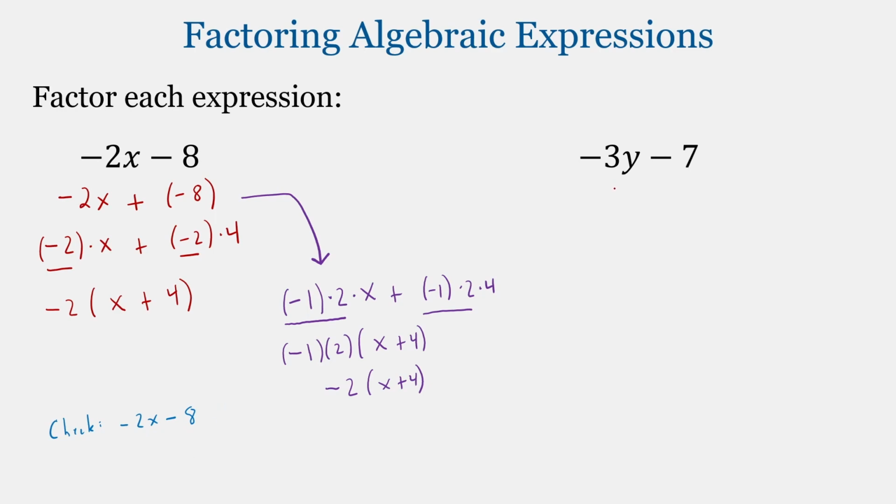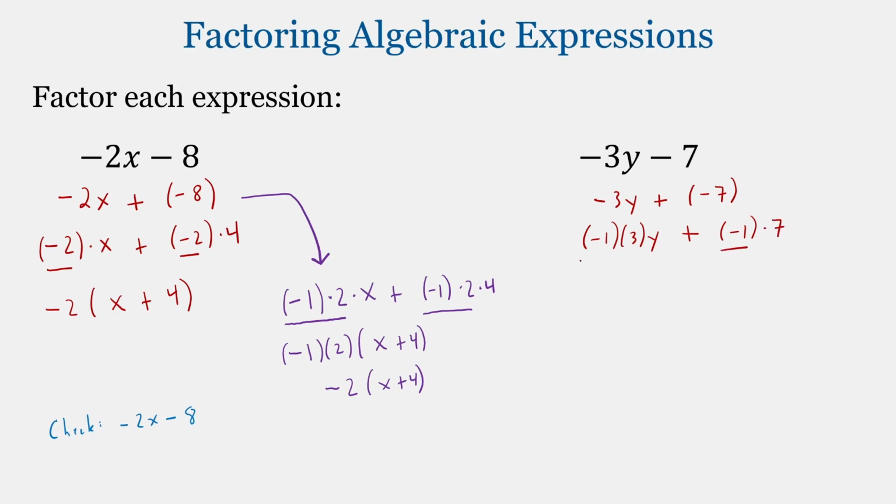For the final problem, we have negative 3y minus 7. First step will be converting subtraction to addition. So negative 3y plus a negative 7. Now we're going to factor these. So instead of negative 3, we can rewrite this as negative 1 times 3 times y plus, and then instead of negative 7, we can have negative 1 times 7.